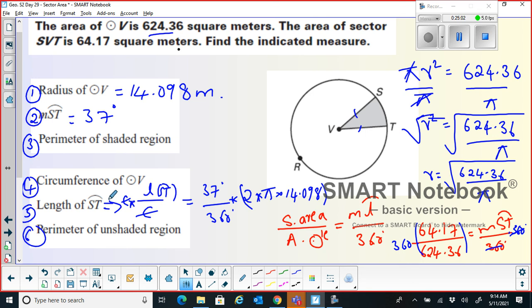That will give us 9.104. So the length of our ST is 9.104.